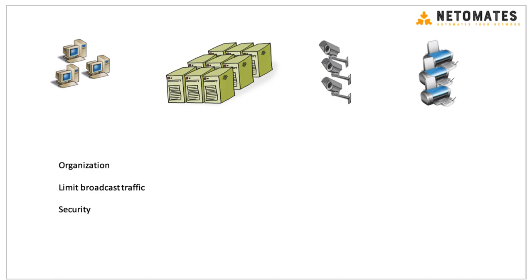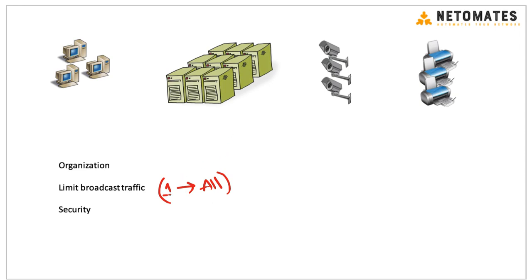Then the second purpose is limiting the broadcast. We discussed broadcast in the previous class. Broadcast is communication from one device to all the devices. So if we group all these devices into a similar IP address space or subnet, when a computer tries to send some information, it goes to all the devices in that group.